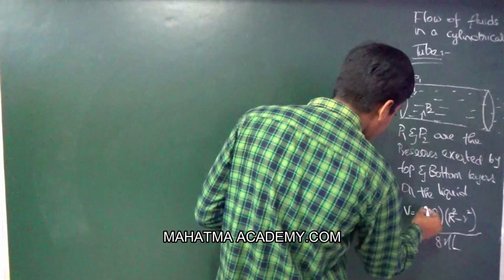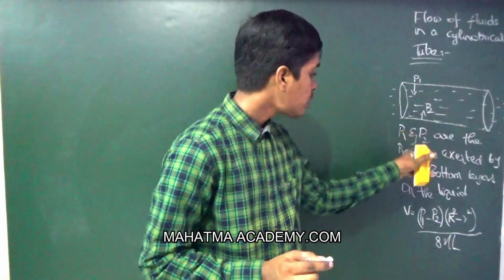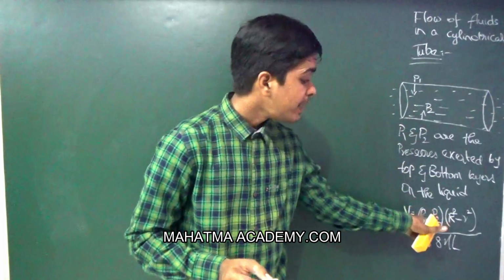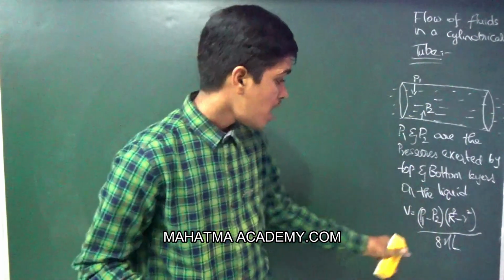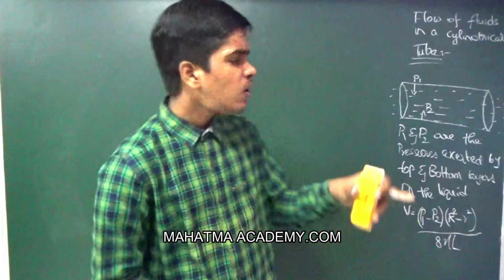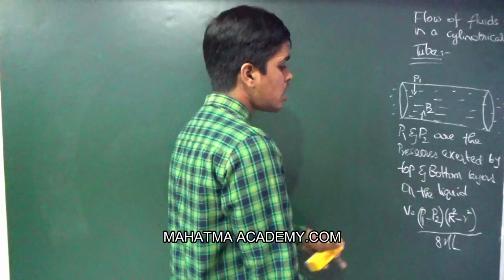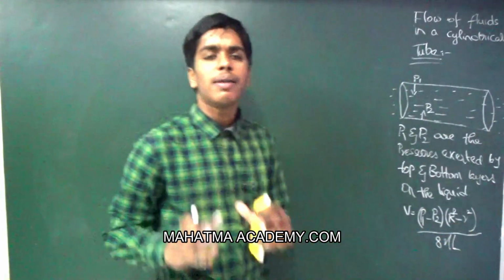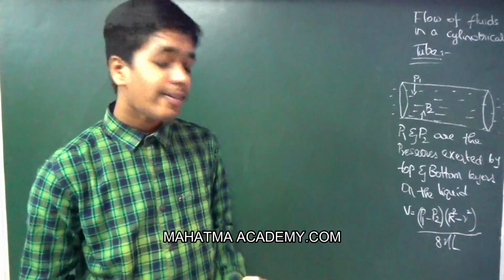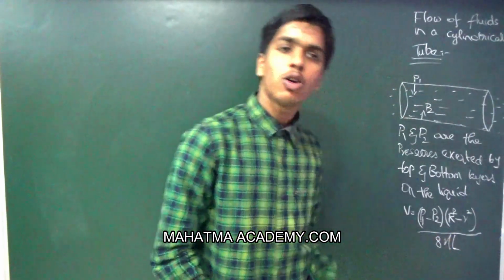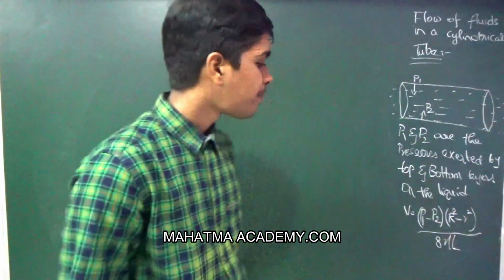As we have discussed, P1 is the pressure exerted by the top layer on the liquid, P2 is the pressure exerted by the bottom layer on the liquid, and capital R is the total radius of the cylindrical tube. Small r is some radius; we will see in the subsequent cases. Here eta is the coefficient of viscosity and L is the length of the tube.